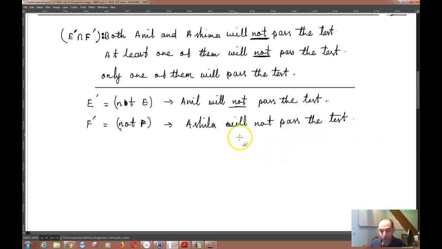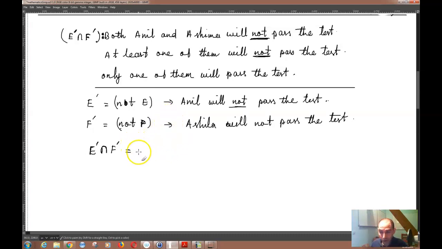And also there is something in the algebra of sets, or set theory, which is called De Morgan's law. When you have E prime intersection with F prime, that is based on everything that happens over there, and we cannot really go back over there right now.